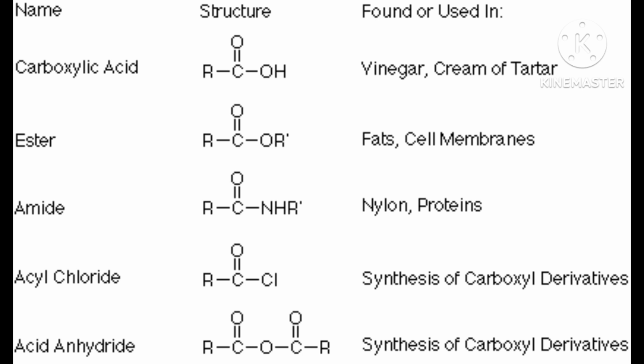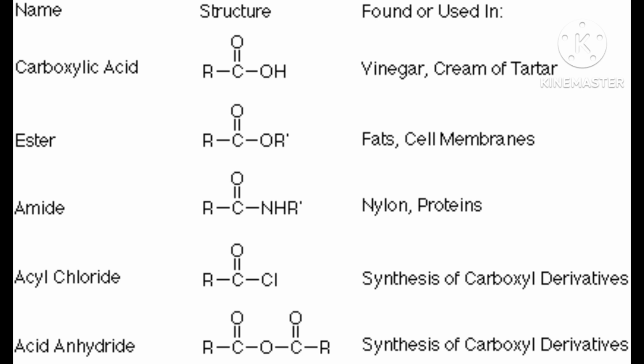Alkyl phenyl ketones: one side alkyl, the CO group is there, and the other side a phenyl group. Then it is called alkyl phenyl ketone. These are usually named by adding the acyl group as a prefix to phenone.